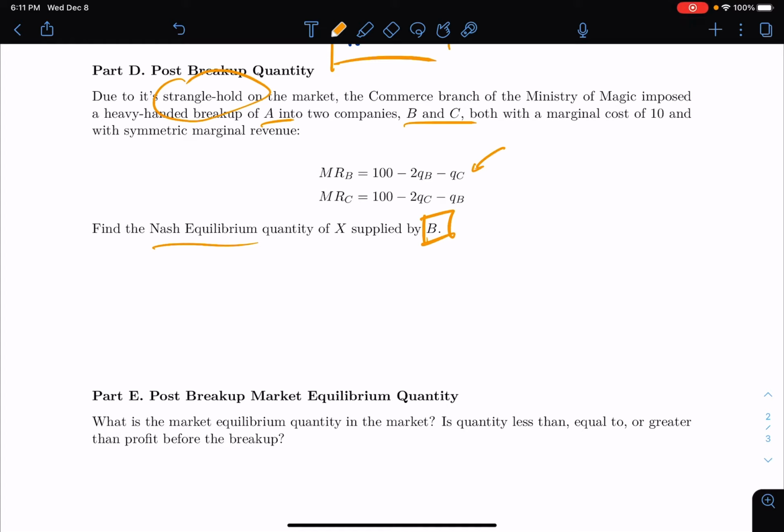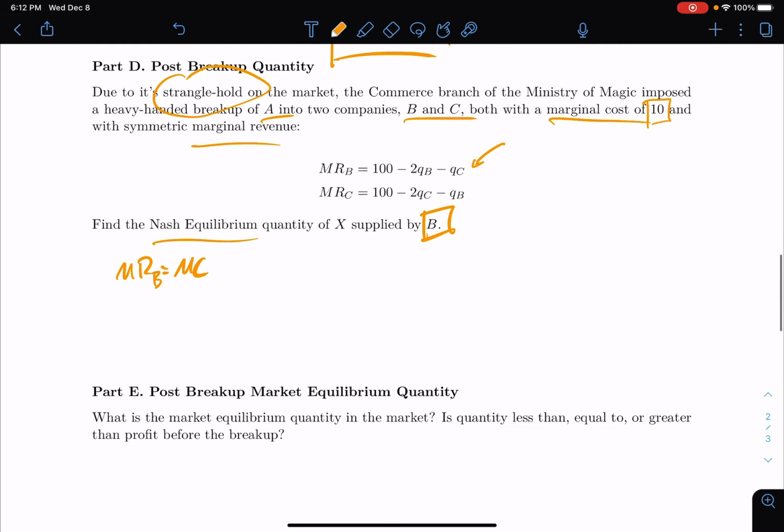The marginal revenues are symmetric, and the marginal cost is also symmetric at 10. So all we have to do is solve MR equal MC. And let's do this for B. But it doesn't actually matter. Because this is symmetric, we solve for one, we get both.